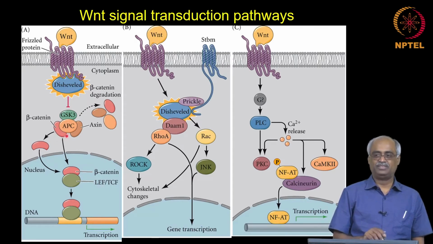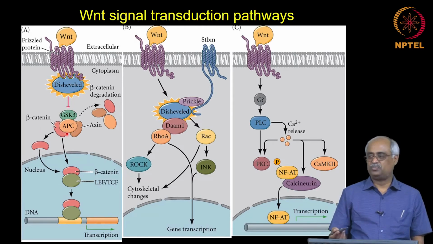Where did we encounter beta catenin? Cadherin. The cadherin to actin connection is via catenins, right? So it is the same catenin. All of them have other roles to play.